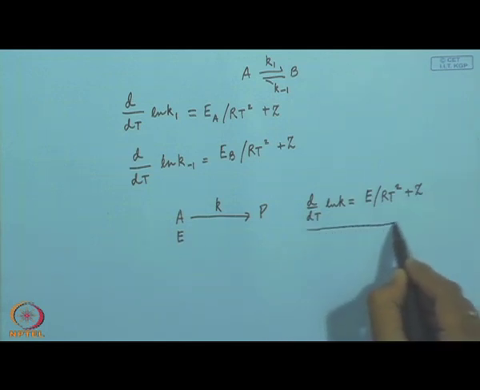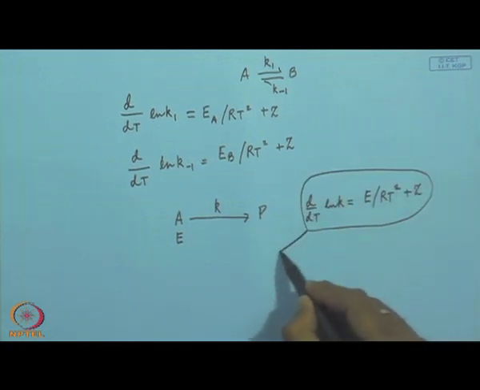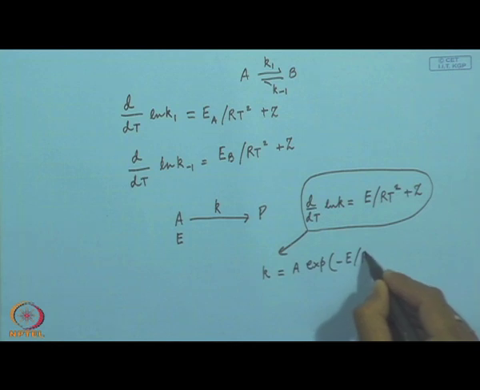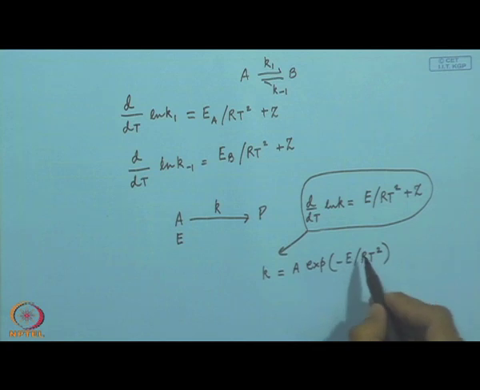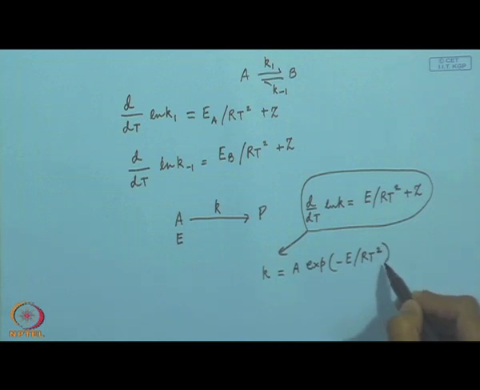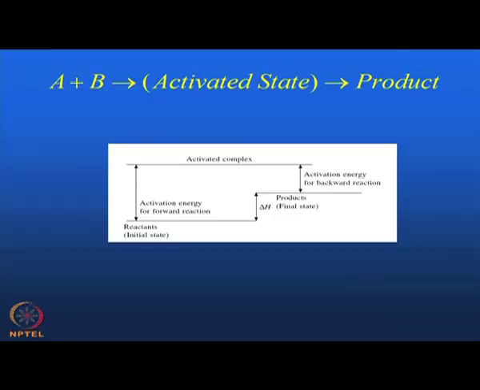This has the form K is equal to A into exponential of minus E by RT. This is not exactly the energy of activation, but it has the form that the rate constant has a pre-exponential term, and within the exponential there must be an energy term.